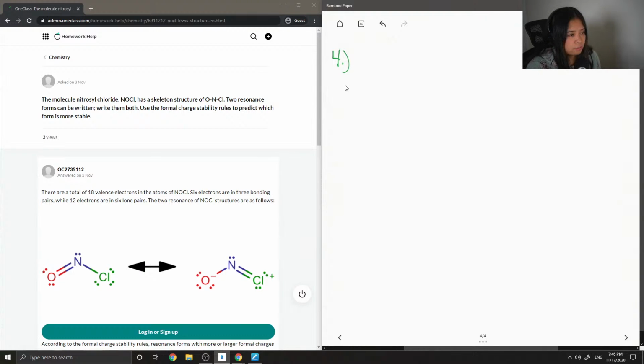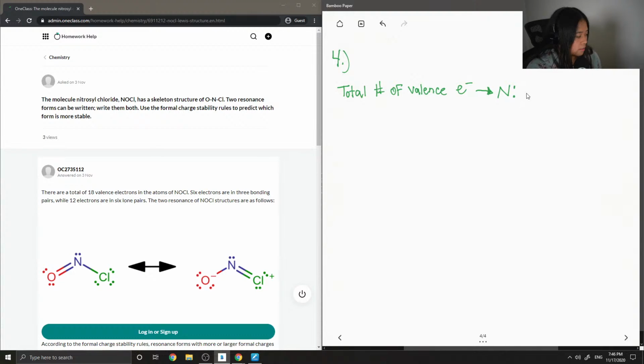Okay, so first we need to find out the total number of valence electrons for all the atoms involved. So this will help us when we write out its structure.